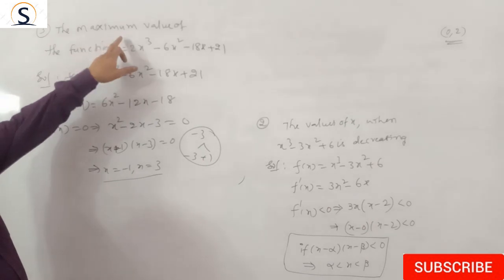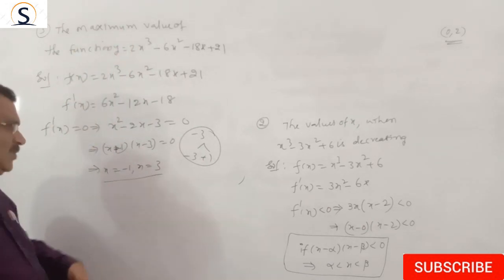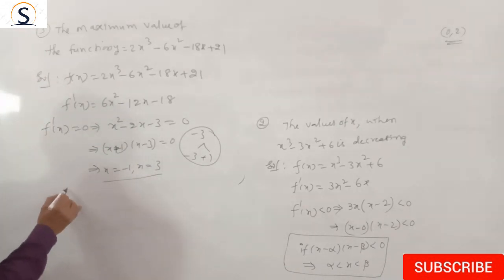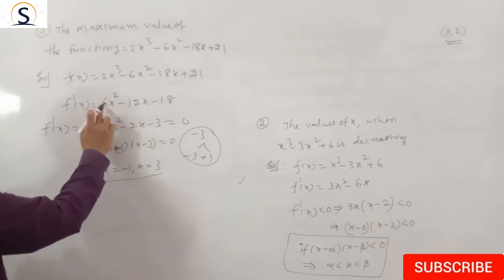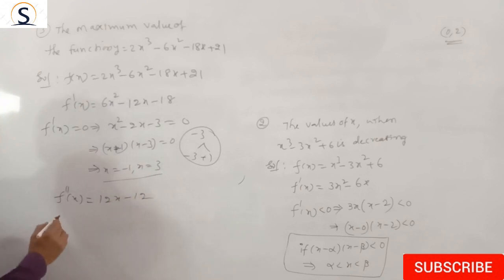But we want only maximum. Maximum means what? f double dash of x must be less than 0. Now finding f double dash of x. This is 12x minus 12.